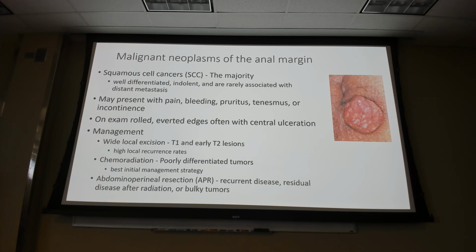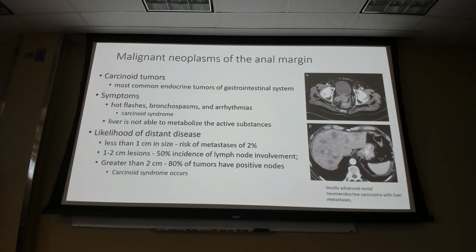This is going to need to be excised with wide margins. If it's poorly differentiated, once we remove it, they may need some chemoradiation. There are other procedures. If it's recurrent, they could get an abdominoperineal resection, but that's not very common.